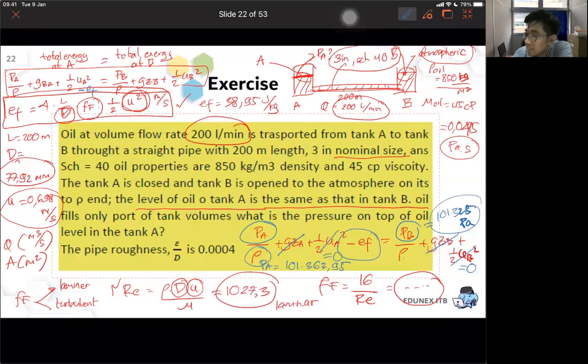Yang lain apakah hasilnya sama? So the density is 850 kilogram per cubic meter. Sama? The other student, please.